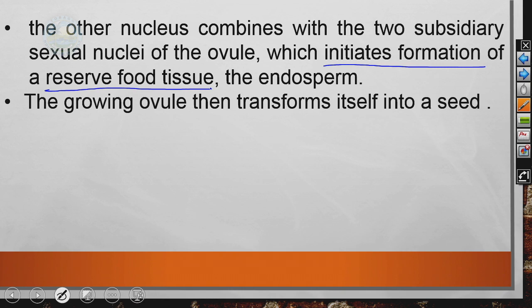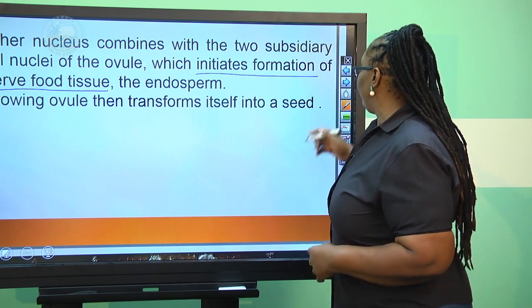So that's the crux of it here. Why double fertilization? Because this new organism needs to have a solid food supply. It cannot go out there depending on its environment. It needs its food supply for its growth into its new life.